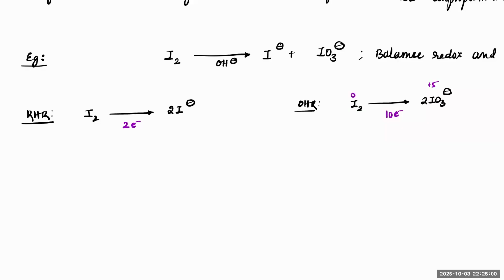For two iodines, it will become plus 10. Here also for two iodines, it is 0. So 10 electrons. So how do we counterbalance this part? So multiply this with 5 and multiply this with 1 and then add them both. So now overall reaction we will have here is 5 plus 1, 6. So 6 moles of I2 is converting into 10 moles of I minus plus 2 moles of IO3 minus.